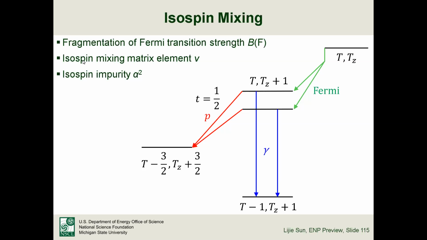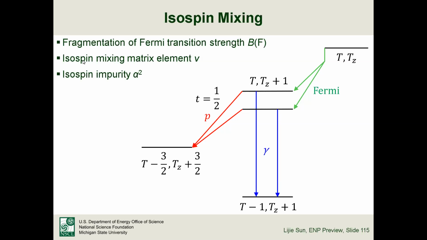The first one is the fragmentation of the Fermi transition strength B(F), and also the isospin mixing matrix element, nu, or the isospin impurity, alpha squared. In general, the Fermi transition strength is concentrated in just this one single state, the IAS, which exhausts the sum rule of N minus Z.